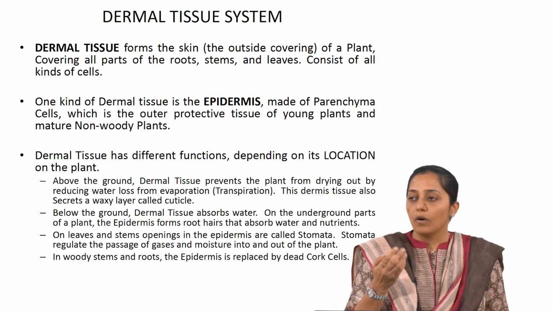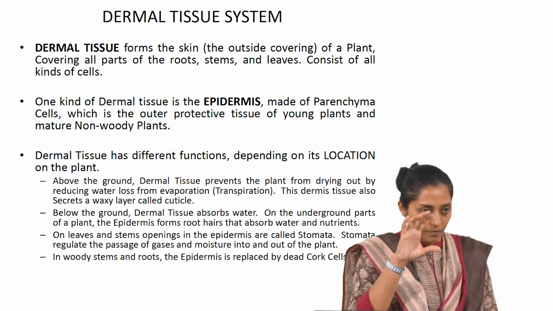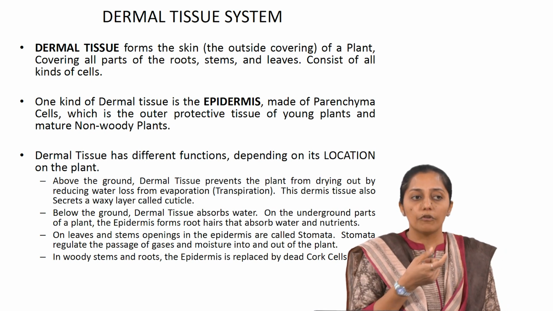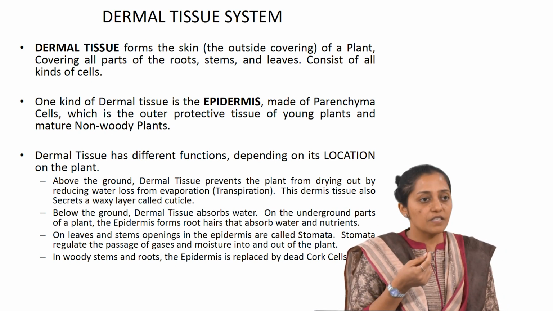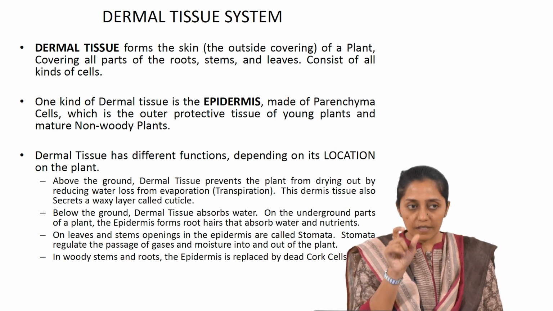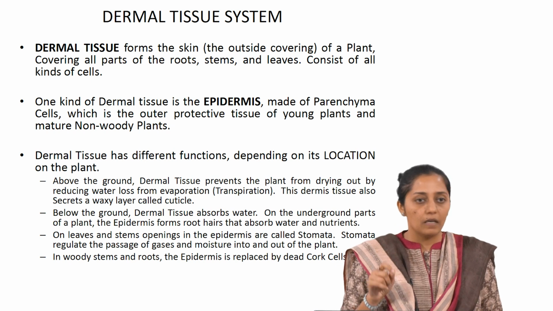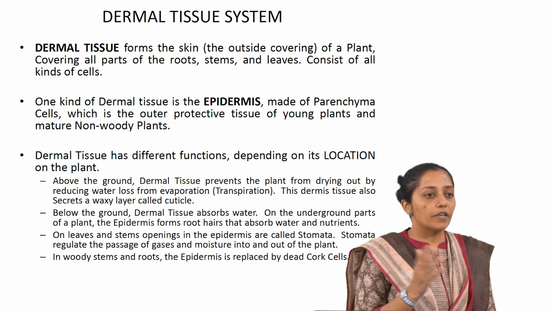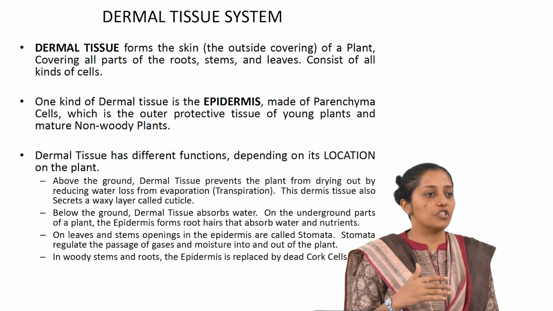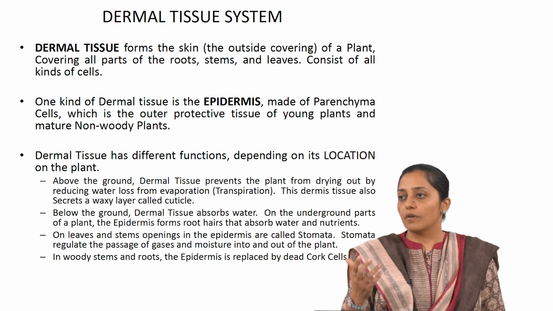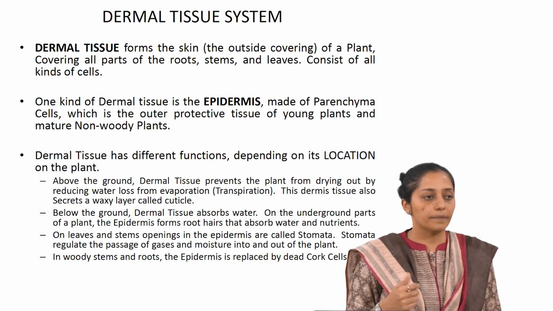Now below the surface of the leaf, the epidermis will have a large amount of pores or spaces which are called stomata, and you will find guard cells which make these openings. These openings are used for gas exchange and for the exchange of water. So transpiration happens from there.